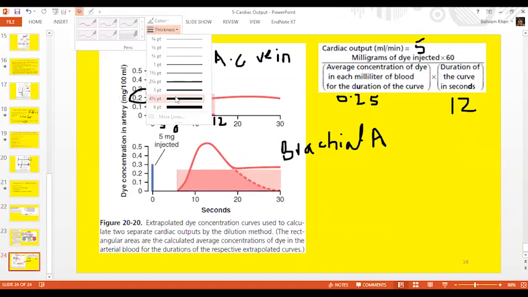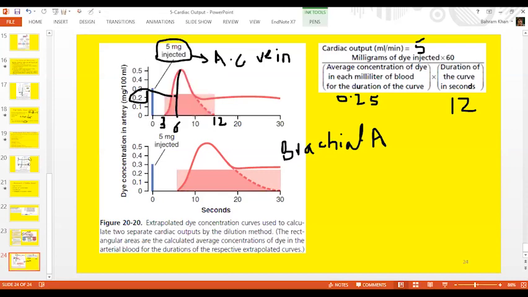Now this is the dye dilution method for measurement of cardiac output. The principle of the dye dilution method is that we inject a dye into a vein and then we measure the blood sample from an artery. This is the principle. And the most common vein is the antecubital vein.